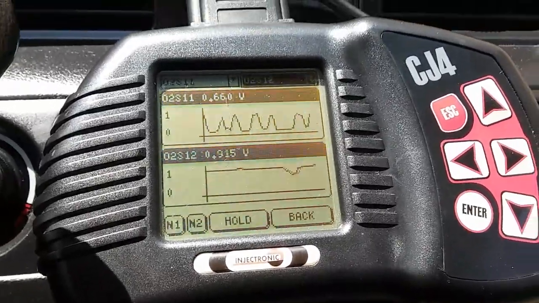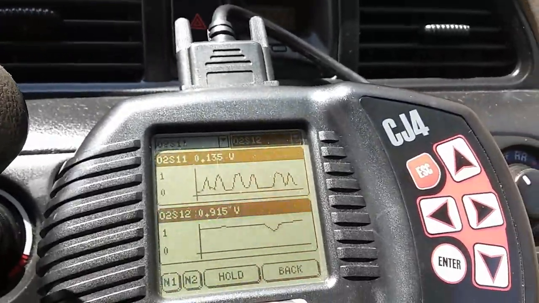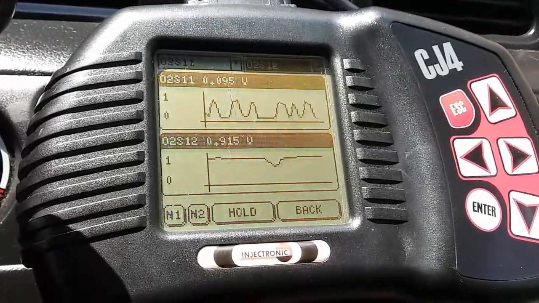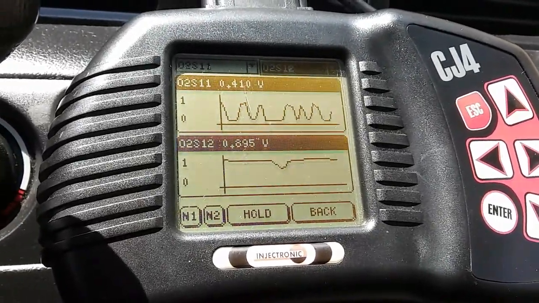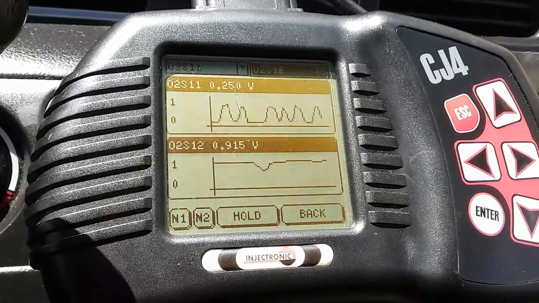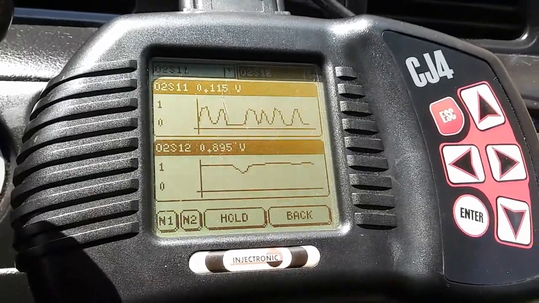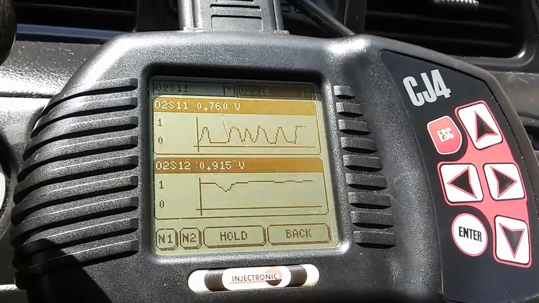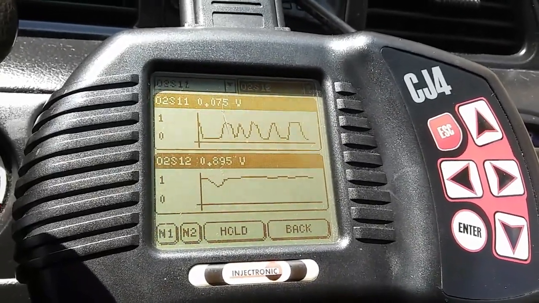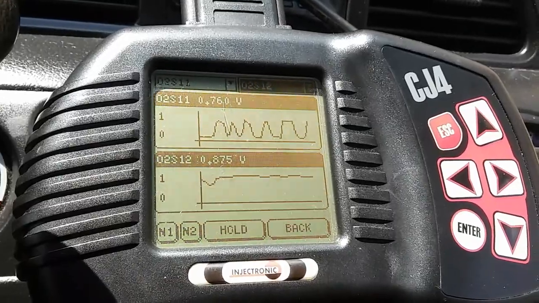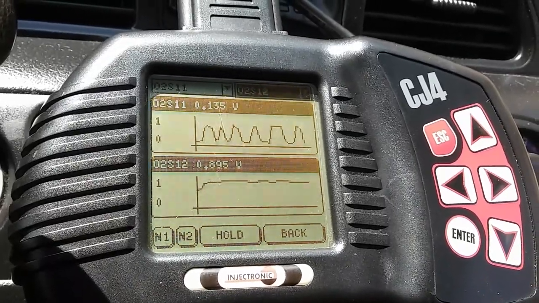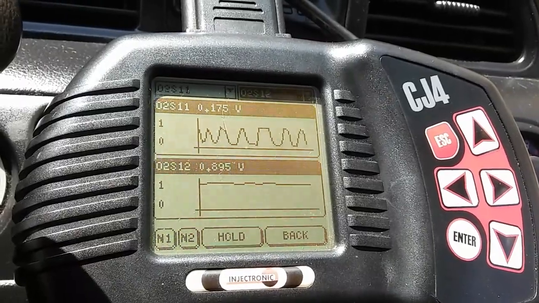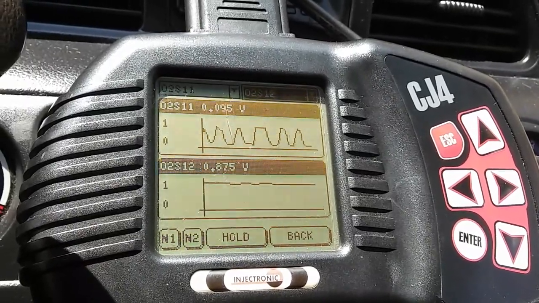Like I said, there's variables to this test. Things that could affect this fluctuation with the downstream O2 sensor: number one could be a lazy or faulty O2 sensor that's starting to go out. Number two could be exhaust leaks in the upstream area of the system, which is before the catalytic converter.